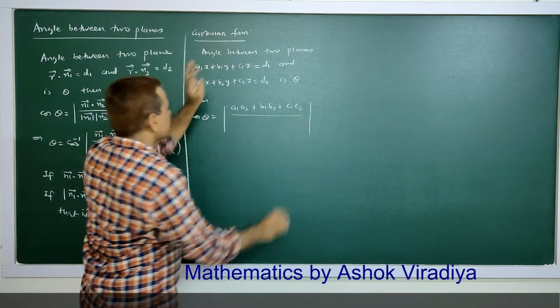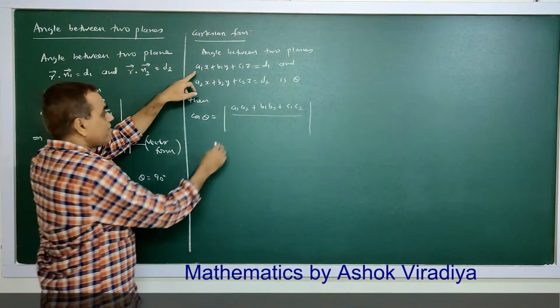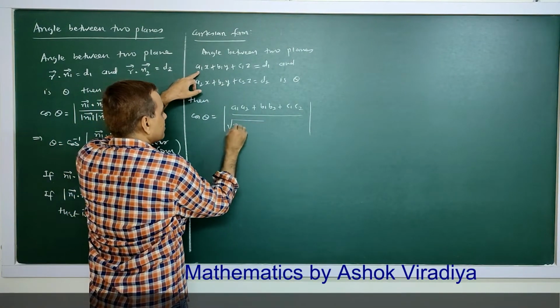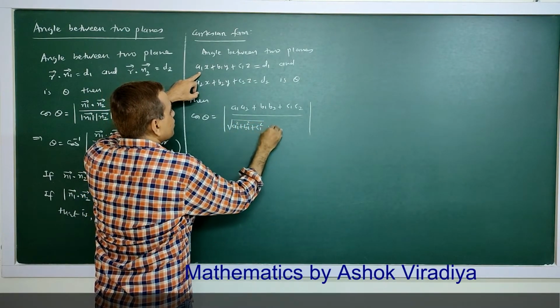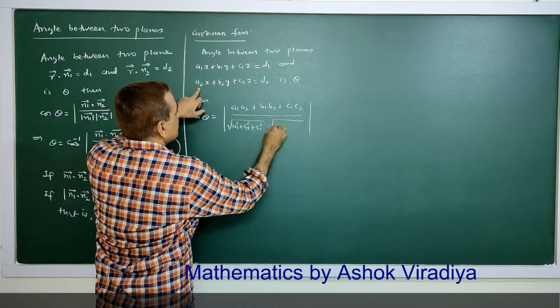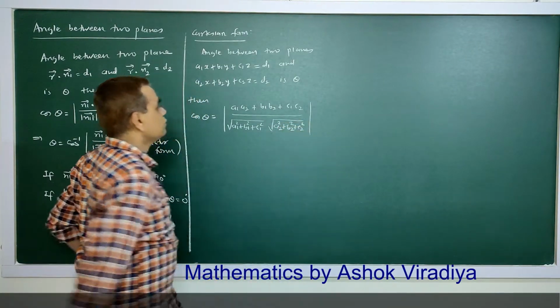upon the magnitude of n1. Magnitude of n1 is square root of a1 square plus b1 square plus c1 square, into square root of a2 square plus b2 square plus c2 square.